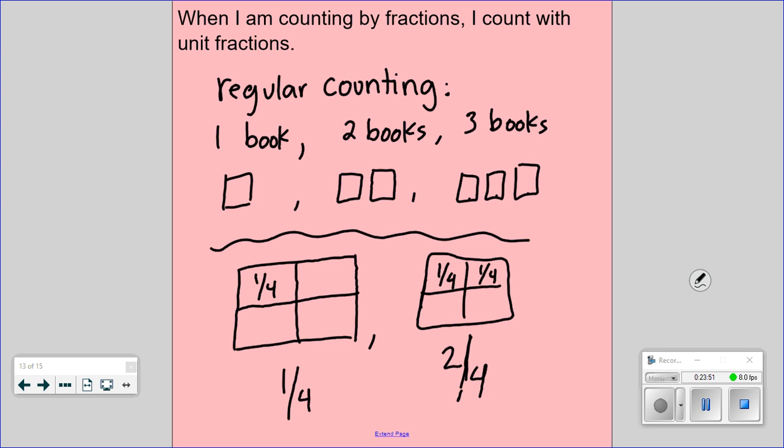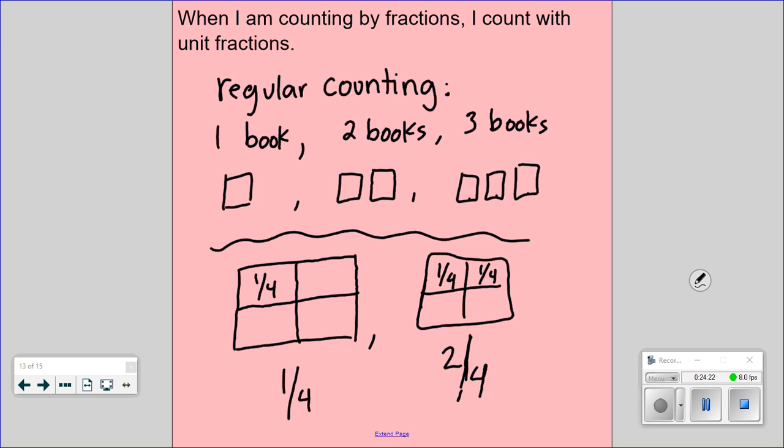So instead of counting my books like I would in regular counting, or pencils or glue sticks, I'm going to name what kind of fraction I'm counting with. If I'm counting halves, 1/2, 2 halves, 3 halves, 4 halves. If I'm counting fourths, 1/4, 2/4, 3/4, 4/4, 5/4.